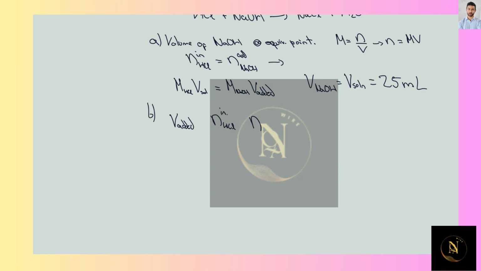This quantity is going to be kept constant. Next up, I'm going to write down the amount of mole of OH minus that I added into the solution. And this is going to be equal to the volume added times the concentration, the molarity of NaOH, that is 0.1 molar.